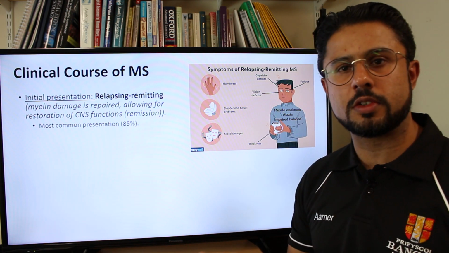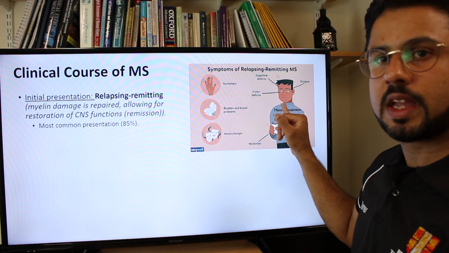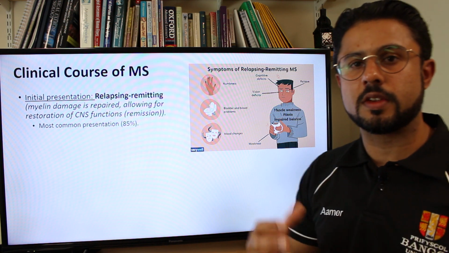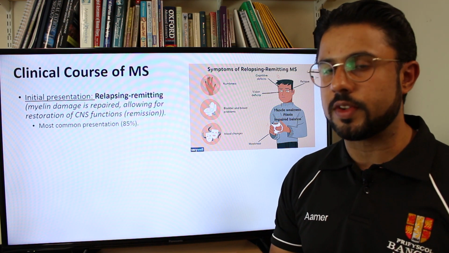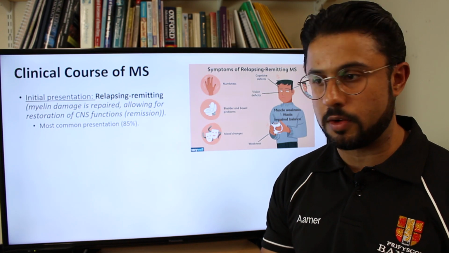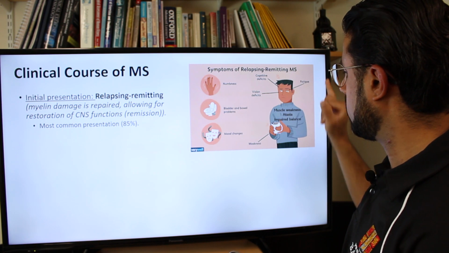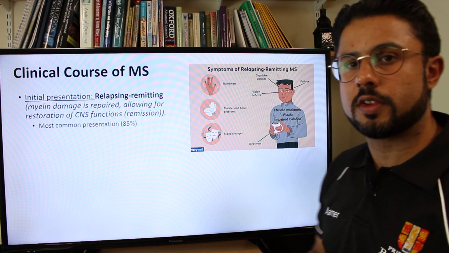There'll be visual disturbances. There may be double vision and other visual problems. One of the major symptoms of MS is severe fatigue. And this is a fatigue that, unless you suffer from MS, you probably cannot understand what that fatigue is actually like. So severe fatigue, and there's muscle weakness as well.